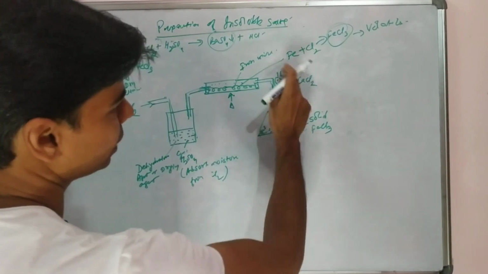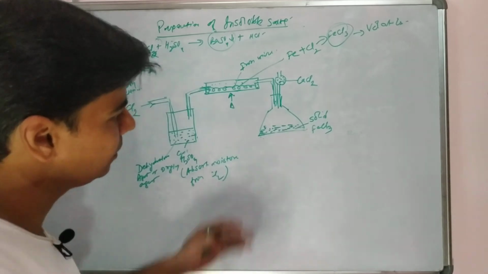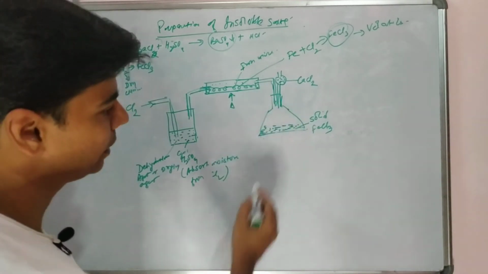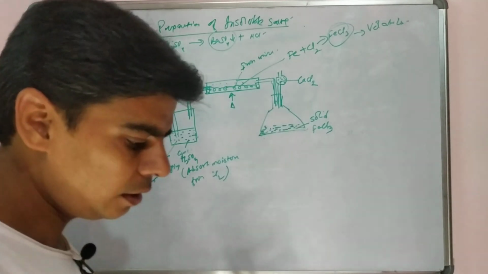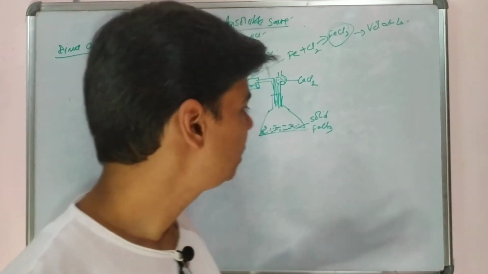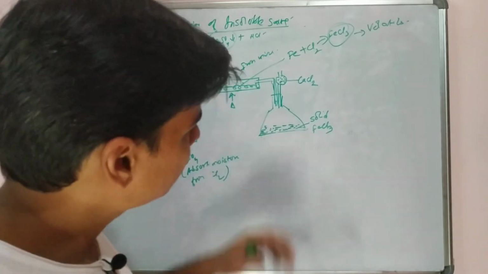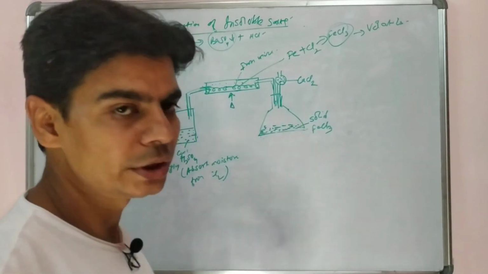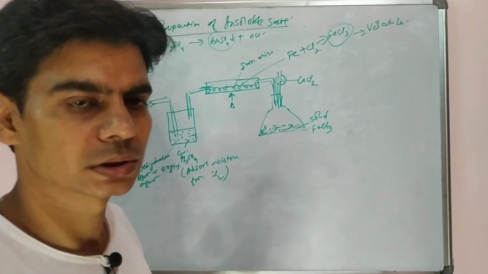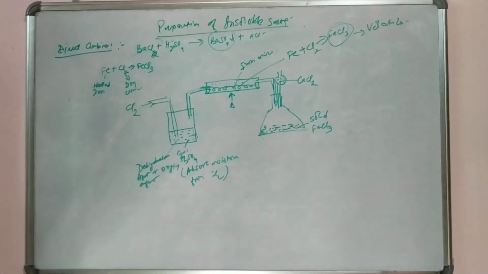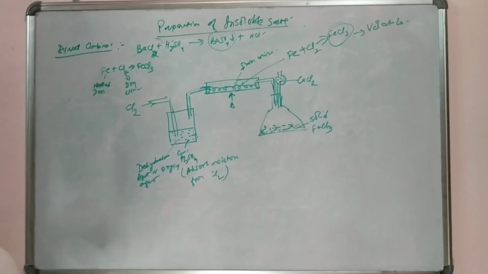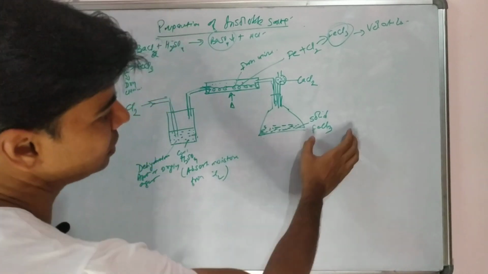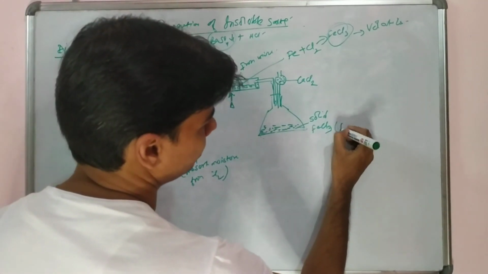We have calcium chloride in this tube. This calcium chloride will prevent any moisture from entering this container, because we know calcium chloride is again a drying agent. It will not let this ferric chloride absorb moisture, because it will absorb moisture first. I'll just write it over here.